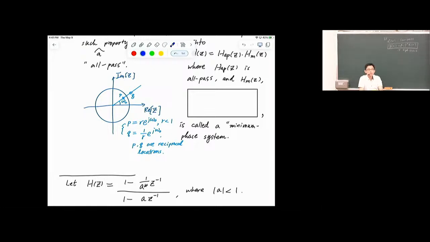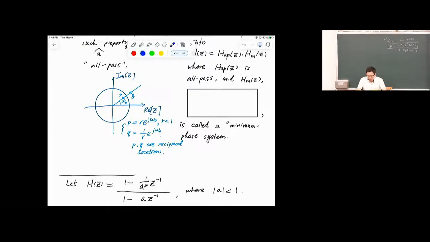So if we have only one zero and one pole right there, the corresponding difference equation is going to have complex coefficients. So this is kind of an exception. But please try not to worry about that for now.